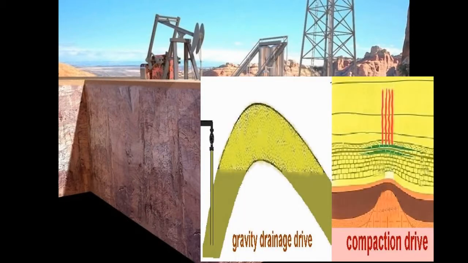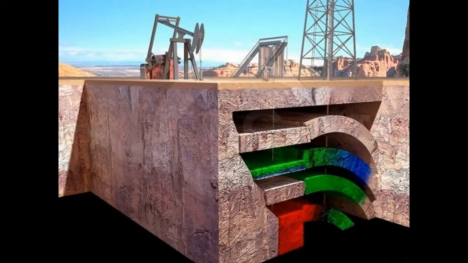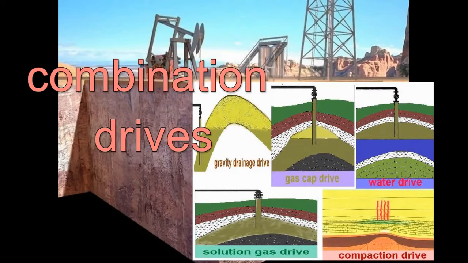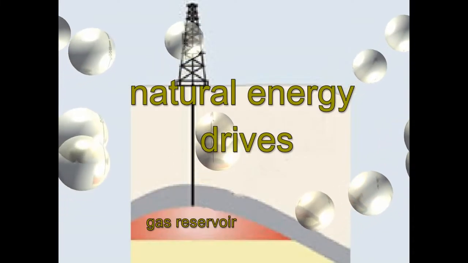In addition, gravity and compaction, also common forces, can be utilized to energize drives. To add to the complexity, some reservoirs utilize a combination of these primary drives in the same reservoir and are called combination drives. Now let's look at natural energy drives used in gas reservoirs.